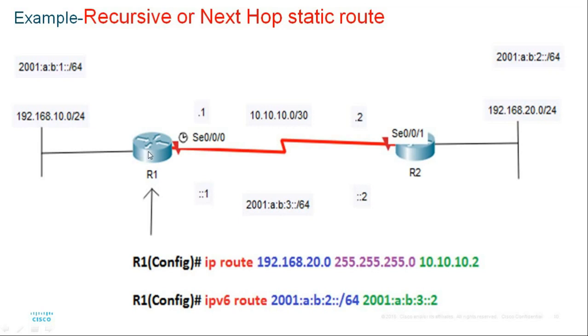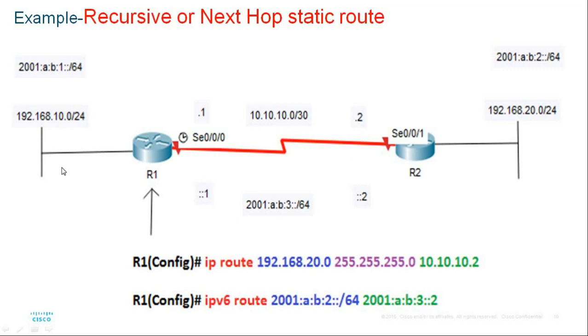That is what I discussed in the previous slides: for router R1, the gateway is this one, so the gateway address is 10.10.10.2. This is another method to remember it. Technically you can use the next hop IP address, or the gateway address also. So for R1, the next hop address is 10.10.10.2.